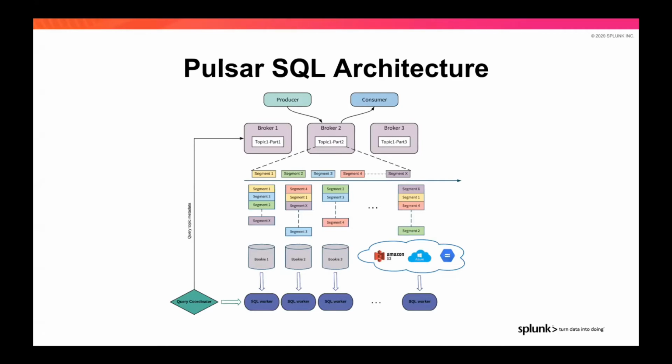Then the worker will go and read that portion of data from the bookies. This is the theme across this whole design of Pulsar SQL: reading things in parallel to maximize scalability as well as performance.